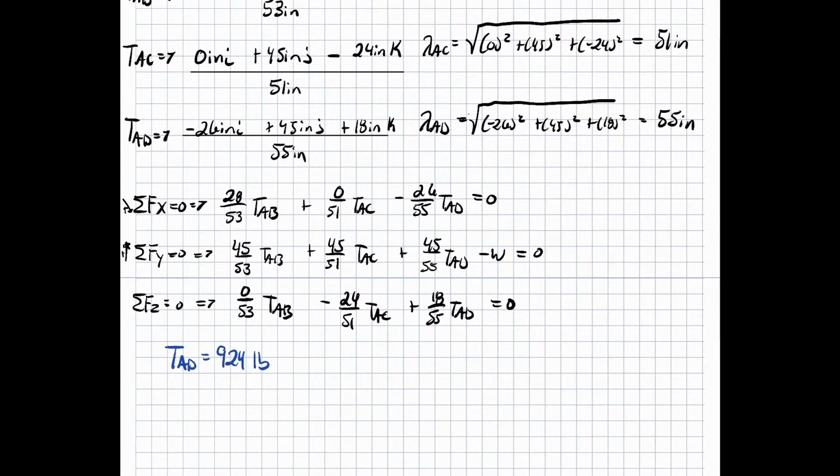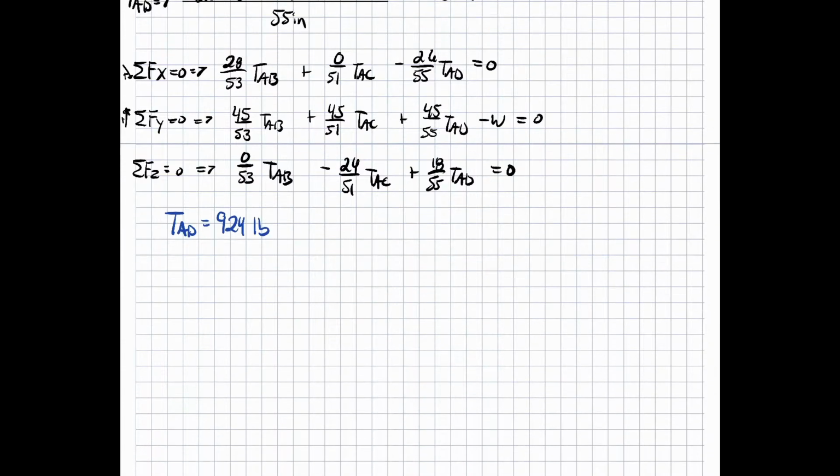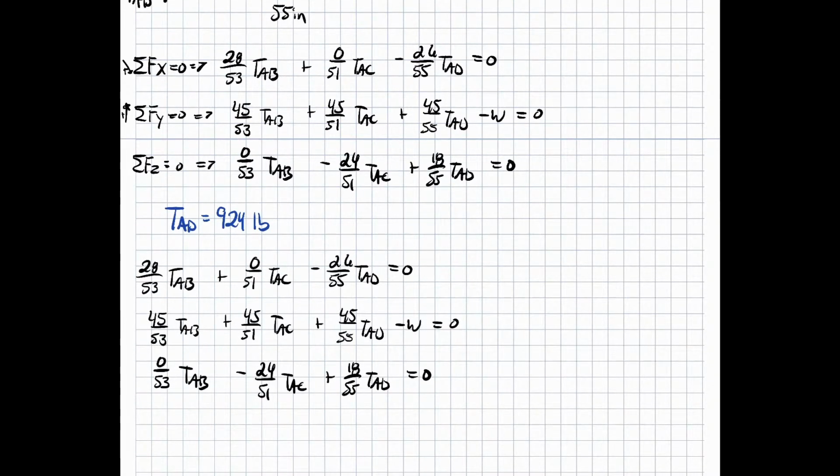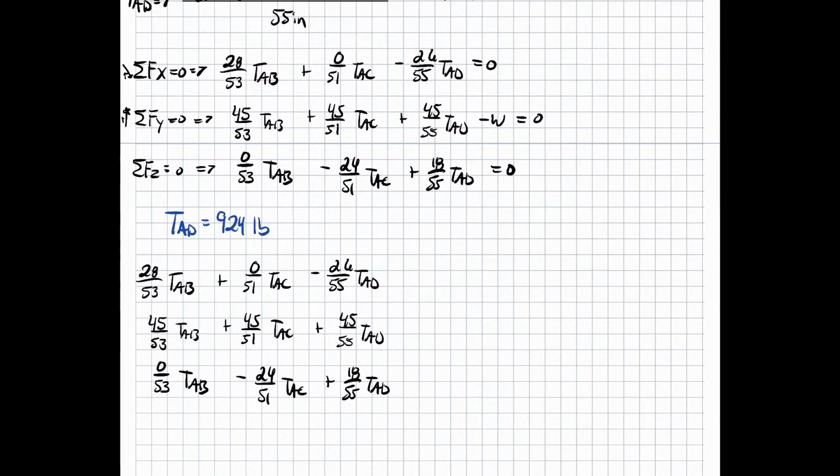That means that we can add in the value for tension AD. So we'll take some of this off so we can factor that in. So all that's times 924 pounds, 924 pounds, and 924 pounds, all three. Don't forget the weight, minus W, all equal to 0.